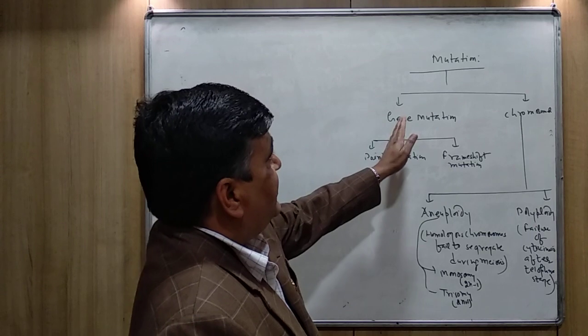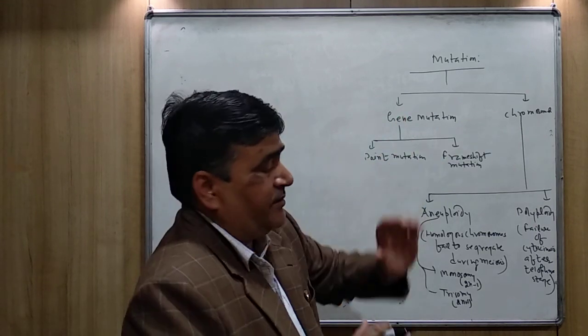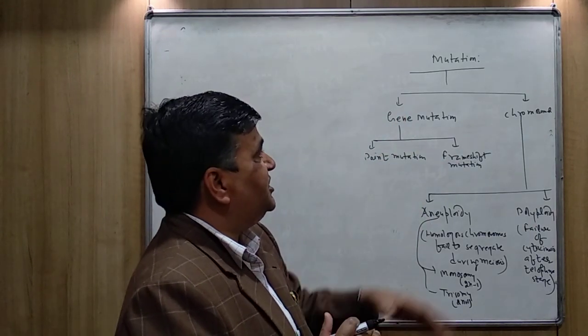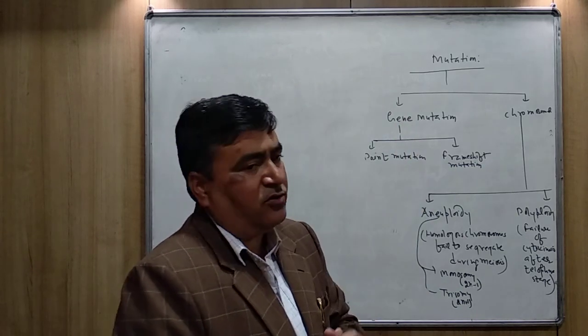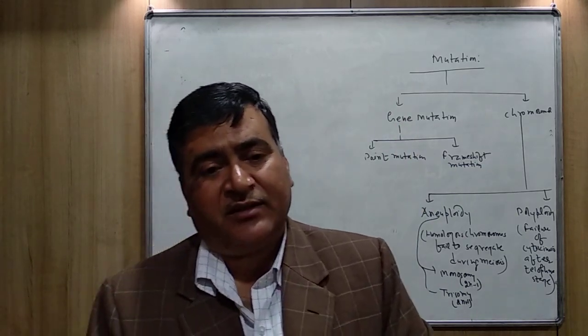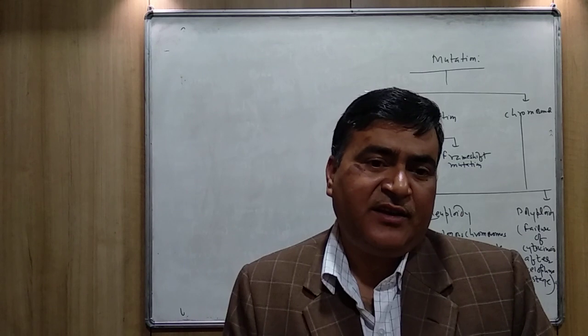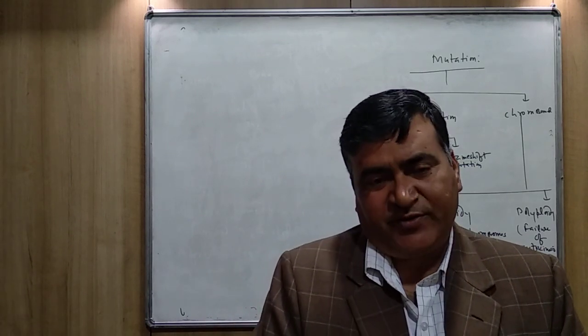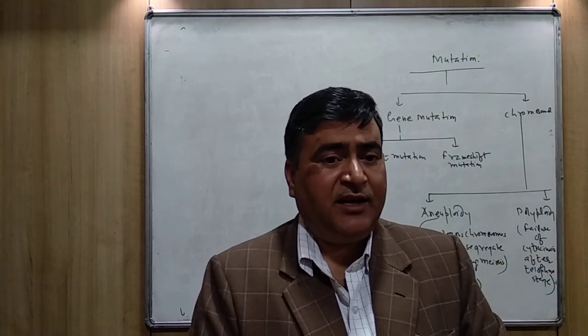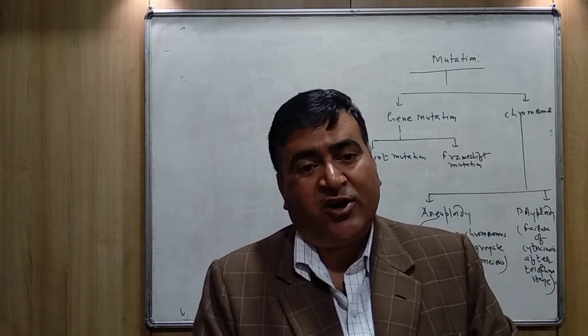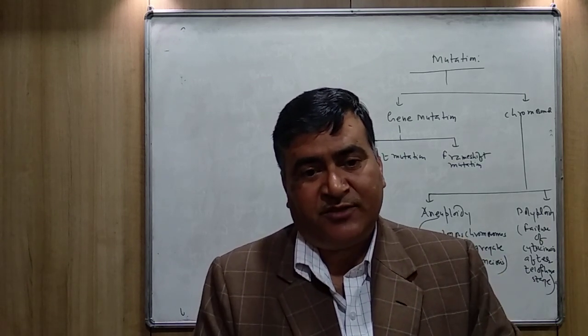Mutation is of 2 types, gene mutation and chromosomal mutation. Gene mutation is a very small mutation. It takes place at the gene level, not in the whole structure of the chromosomes.